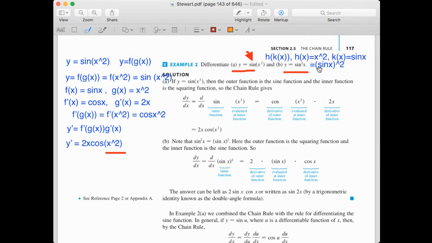Right. So the outside layer is this square term. The inside layer is taking the input and giving a sine. So k of x is sine x. H of x is x squared. So h in this case, we could see, is sine square x, right?